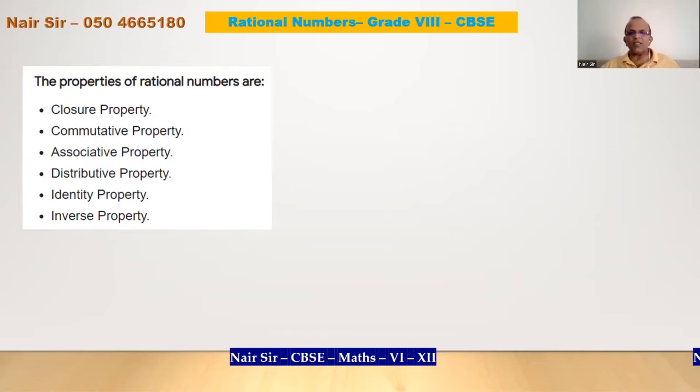Suppose I have a rational number 1 upon 2 plus 1 upon 3. I'm going to get the answer 5 by 6. And what is 5 by 6? 5 by 6 is a rational number. If I do this minus 1 upon 3, what do I get?